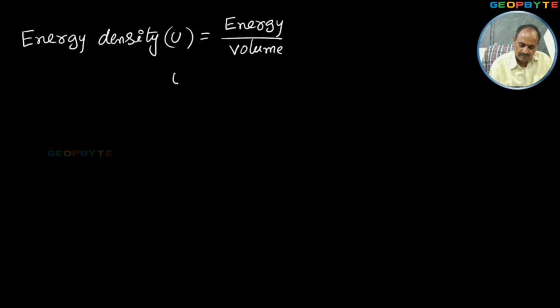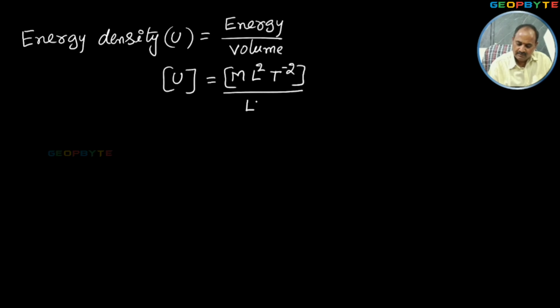So U dimensional formula: energy is M L square T power minus 2, dividing by the dimensional formula for volume, L power 3. So U dimensional formula is M L power minus 1 T power minus 2.